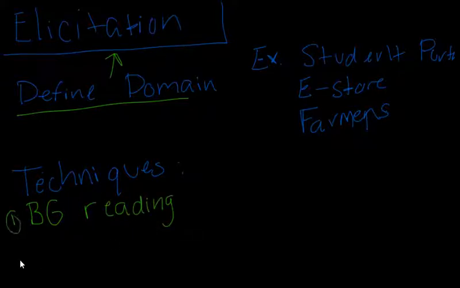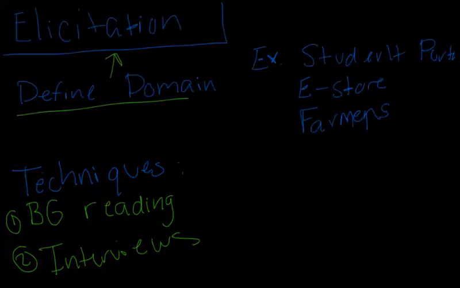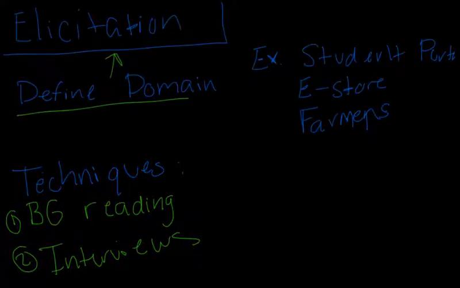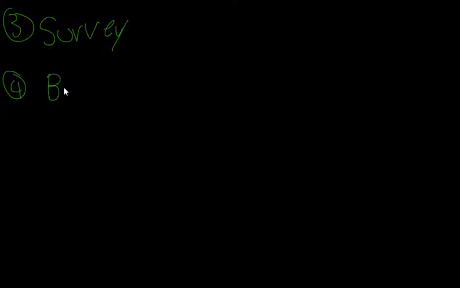So I'll label that one, label that two. We'll have interviews. And we're going to go to a new canvas. Seems like I messed that up. I go to a new canvas, and 3 is going to be just simple surveys. 4 is going to be brainstorming.